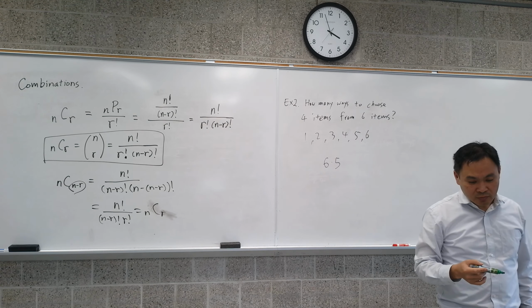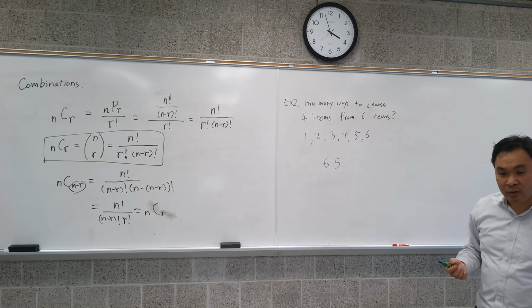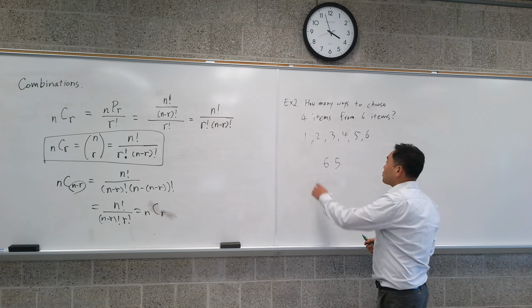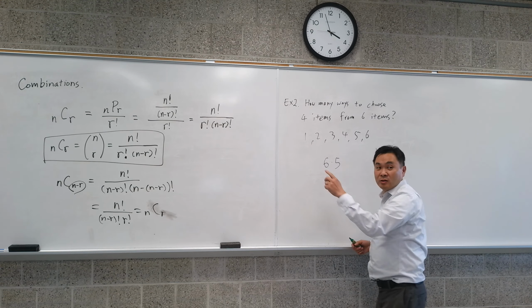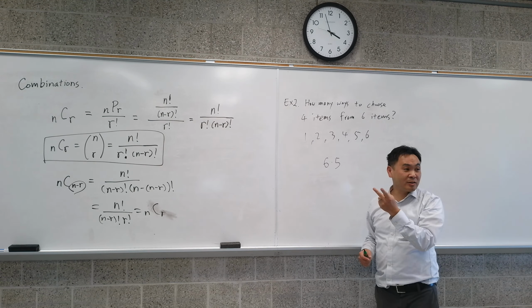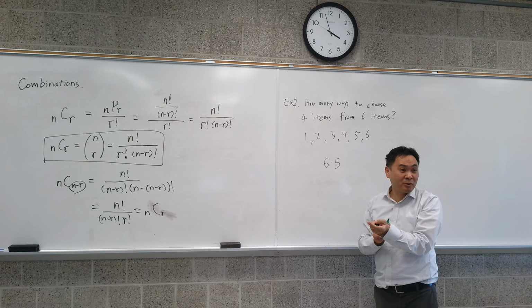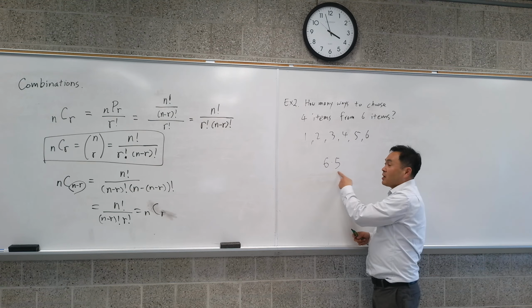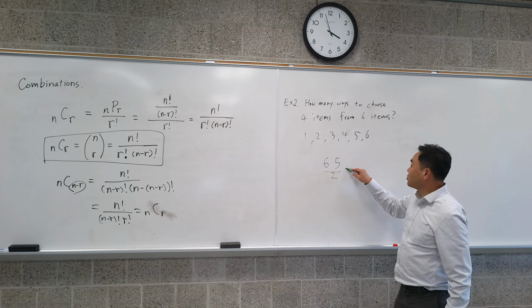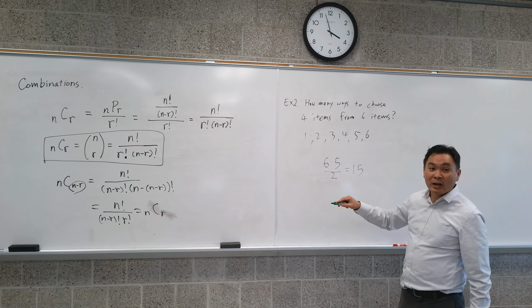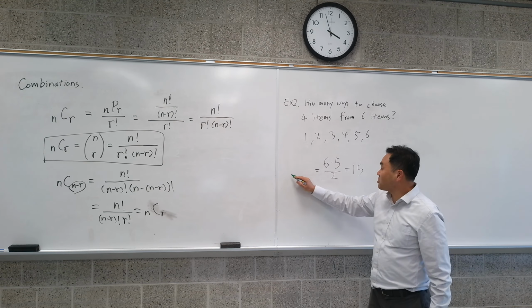However, whether you choose 1 first and then 2, or 2 first and then 1, that's not anything different, right? So this actually double counted everything. So you have to divide it by 2, so you get 15. So by doing this, we get the same result.